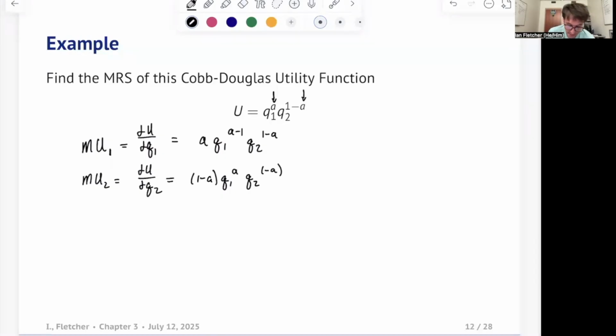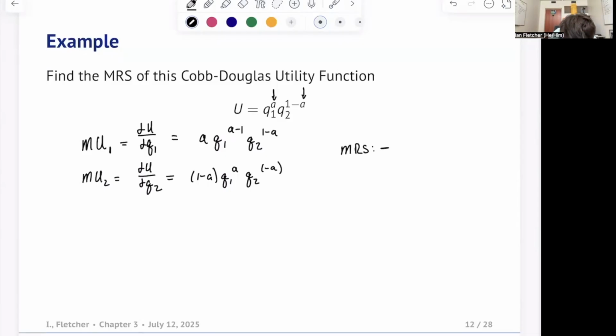And so then our marginal rate of substitution is going to be minus the marginal utility of 1 over the marginal utility of 2.